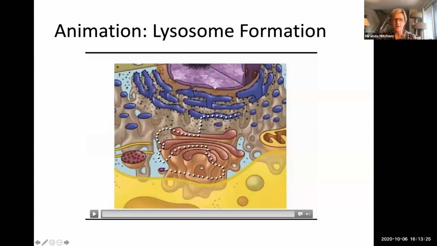So you can see we've got movement of the material out of the shipping side of the Golgi apparatus, which will allow the digested material. Well, we're forming the lysosome, which then will go on and fuse with whatever it's digesting.